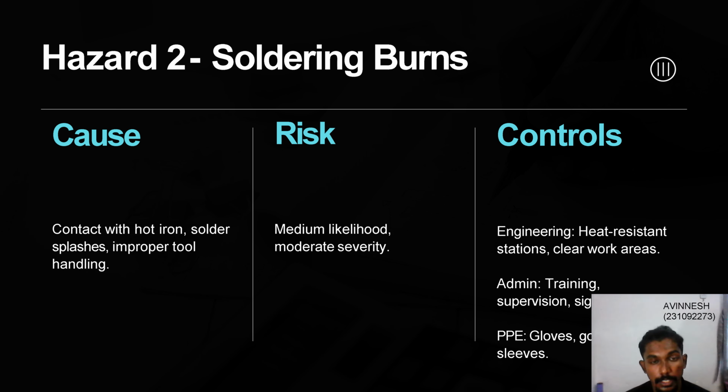Apart from that are safety training and signage. And besides that is the use of PPE like gloves, goggles, and long sleeves. With these kinds of measures, we can aim to reduce injuries and promote safer practice. So that's all from my side. Thank you.